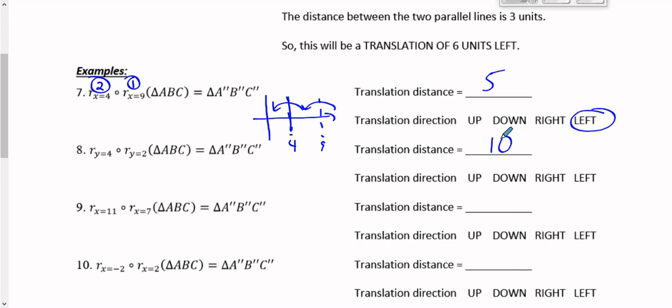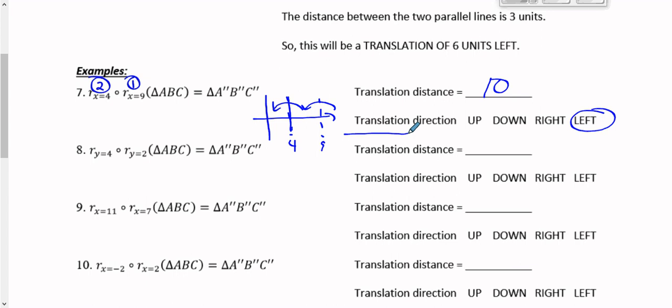I know what I did. That first one where I have the 10 there. That's not the translation, or the 5. That's not the translation distance. This is part of number 8. Sorry about that. That's why we do math in pencil. Translation distance. We're going to go 10. Okay. Sorry. I just started dancing.